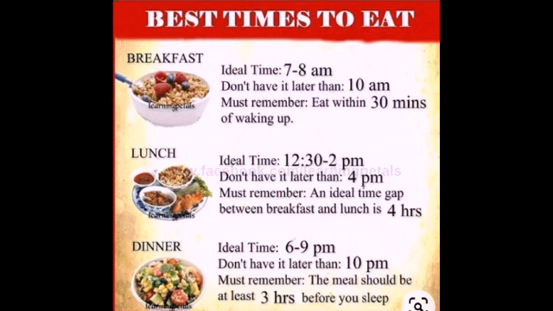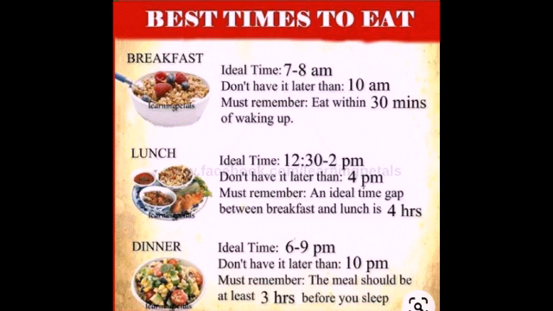If you are eating at wrong timings, that is late hours, you will get more fat from the food comparatively than energy. And the gap between breakfast and lunch should be maintained at 4 hours. That is, when you are having breakfast at 8 o'clock, the lunch should be after 4 hours only. Okay, you have to take your lunch after the 4 hours.